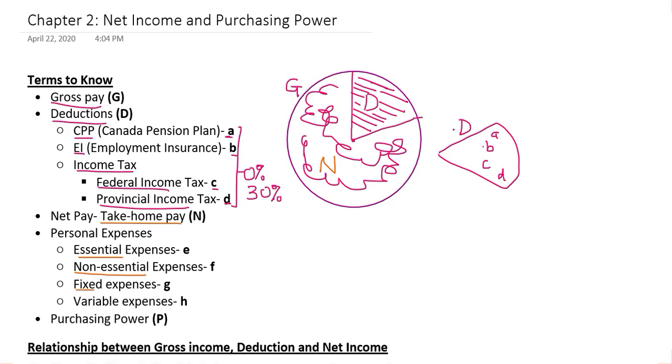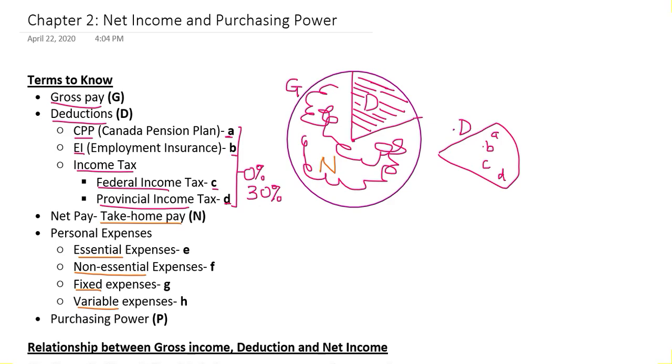For example, rent is always constant, and so are car payments, which are a fixed expense. However, variable expenses are those that change depending on seasons. For example, clothing could be a variable expense, or the gas that you use for your car is also a variable expense.